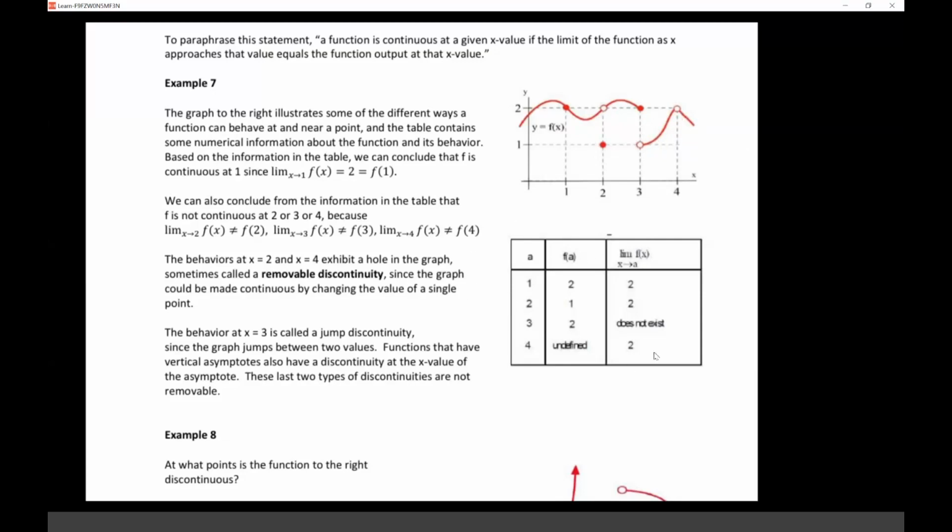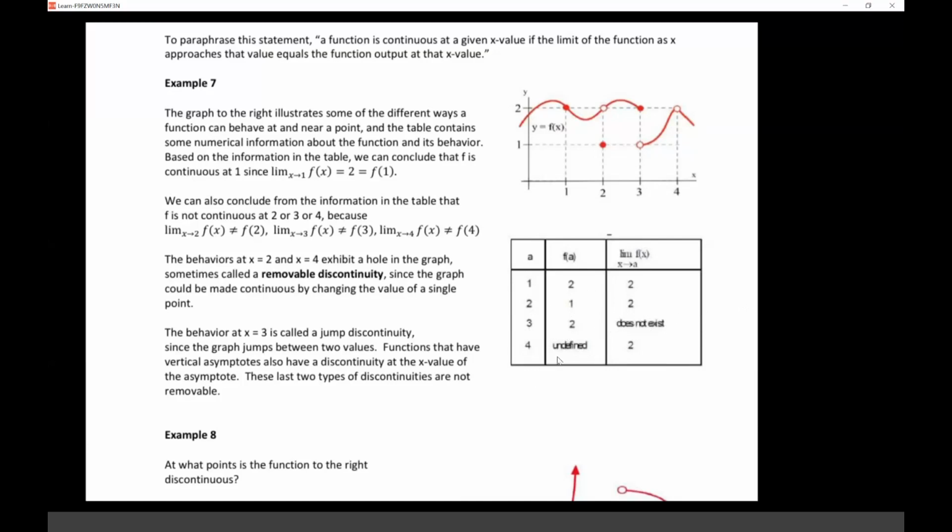And here's a table that shows all of these values. At 1, the function value is 2. The limit as x approaches 1 is 2. We're good. Continuous. At x equals 2, the function value is 1. The limit is 2. They're not the same, so not continuous. At x equals 3, the function value is 2. The limit doesn't exist. The function's not continuous.